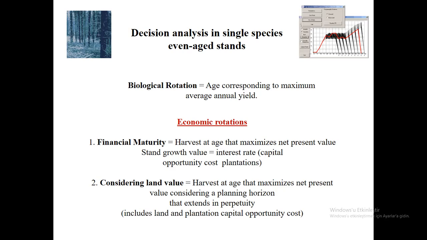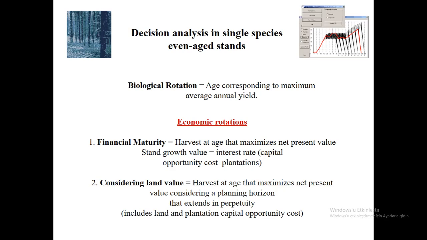The other one is the land value. So harvesting at the age that maximizes net present value corresponding to a planning horizon that extends in perpetuity. In the second type of rotation period, we look for soil expectation value. In the first one, we look for the maximum value of net present value. In the second rotation period, we look for the maximum soil expectation value.